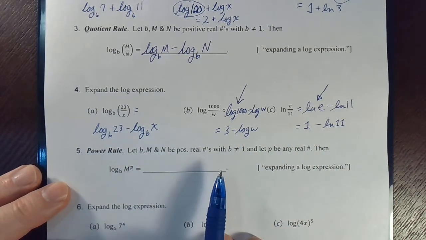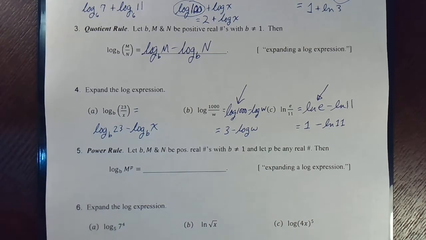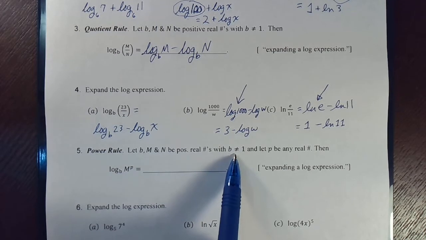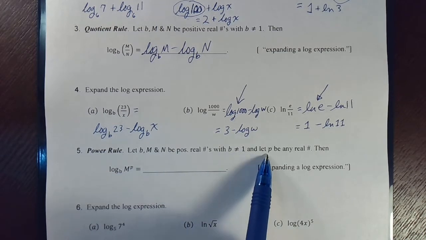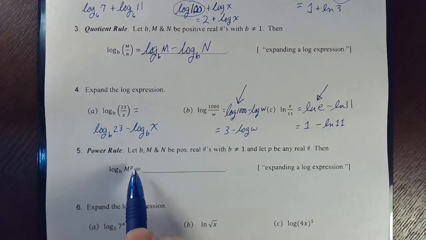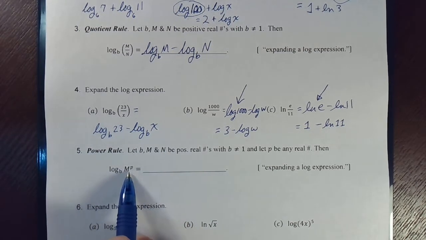Okay, we have one more rule that is considered expanding a log expression, although it won't expand it very much. That's called the power rule. So, b, m, and n as usual, positive real numbers, and b is not equal to 1. Let p be absolutely any real number you want it to be. Notice p is the exponent here. So we're taking log base b of m to the p power.